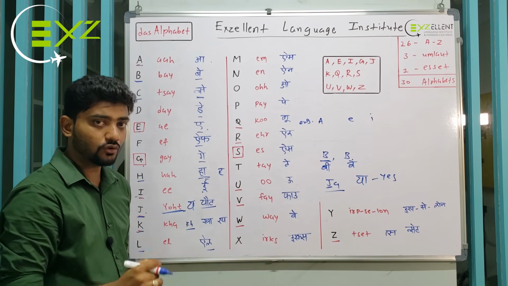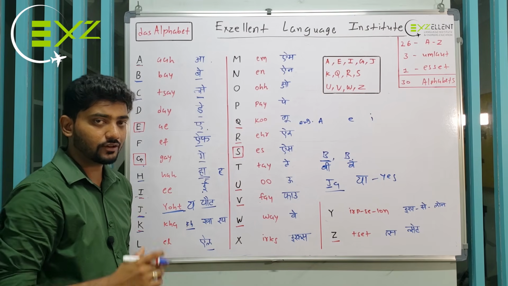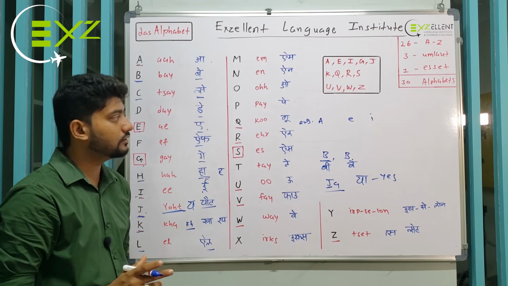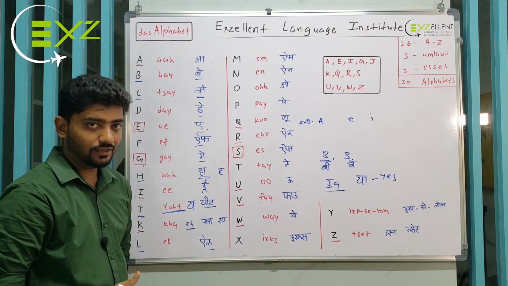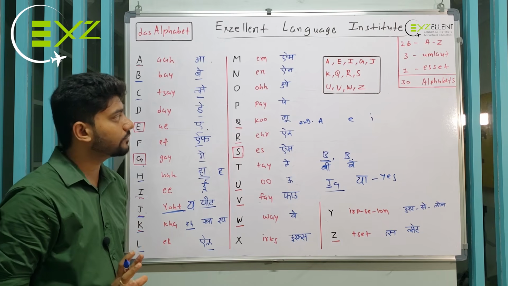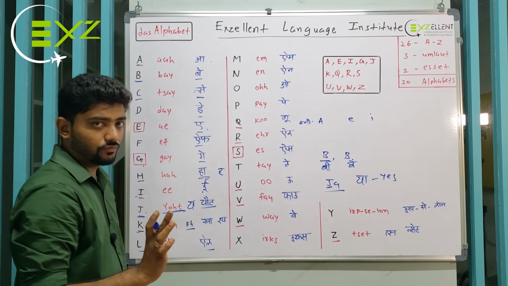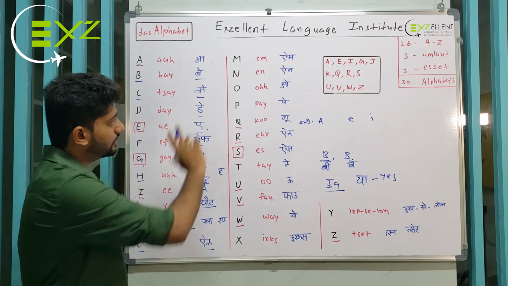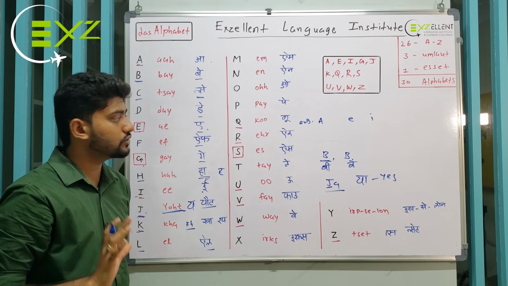Concentrate on my words, almost the same, because there are going to be some words which are exceptions. As we are learning language, in language there are going to be many exceptions. So right now for the moment you can say that in these alphabets pronunciation is almost the same.